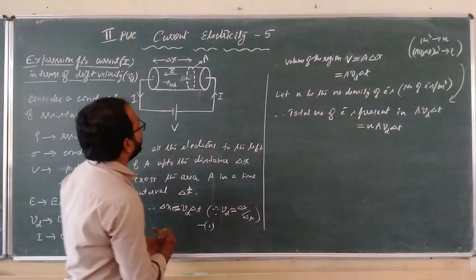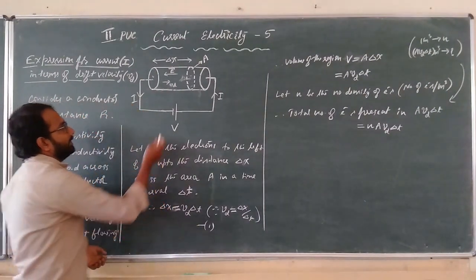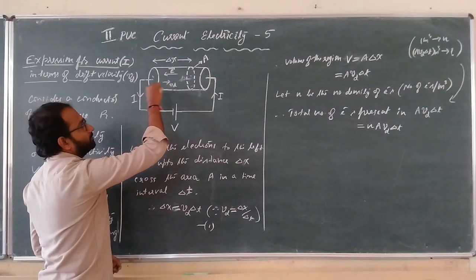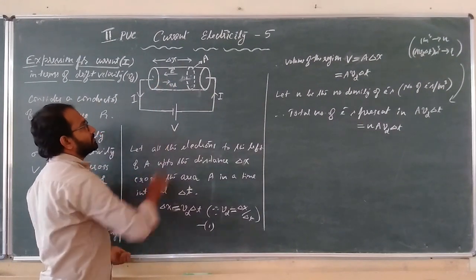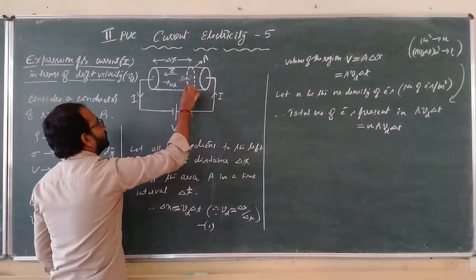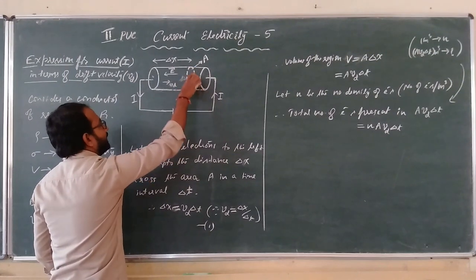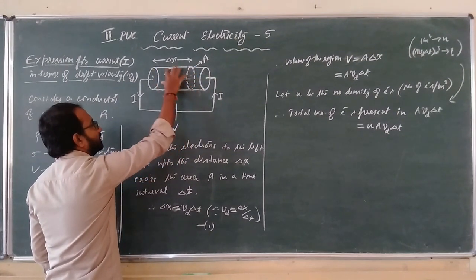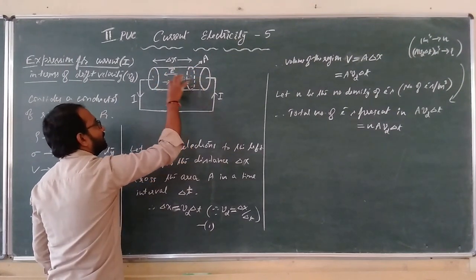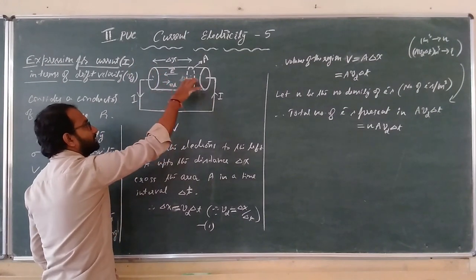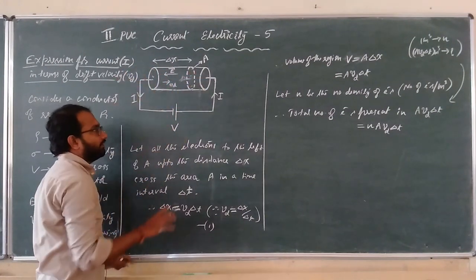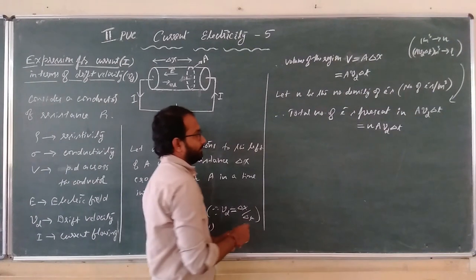Okay, what is the amount of charge flowing due to the electrons movement, drift of electrons? Charge flows through this particular area in a time interval of delta t seconds. All the electrons will cross this particular area. So therefore, certain amount of charge is flowing now through this particular area. What is the amount of charge flowing?